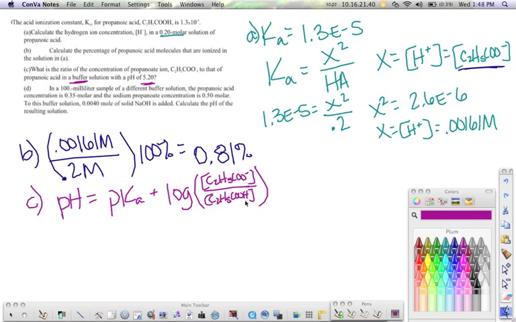So all we have to do is rearrange this and treat this whole thing right here as one big giant X. So our pH, they told us, is 5.2. Our pKa is going to be the negative log of the Ka.